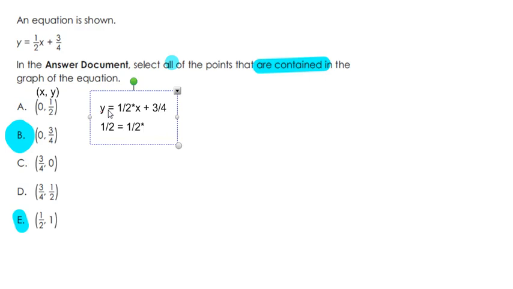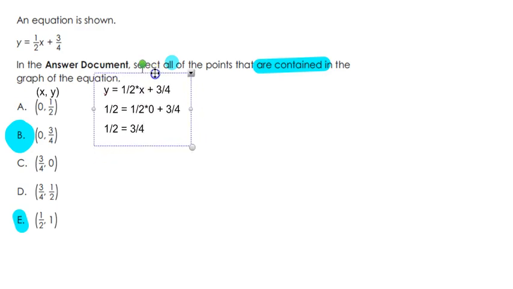Well, x is 0 from that point. You could type that in the calculator, or, half times 0, that's 0. So half equals 3/4? Well, no, half does not equal 3/4. So you could also go the more traditional route of using substitution into your equation and doing your answer this way.